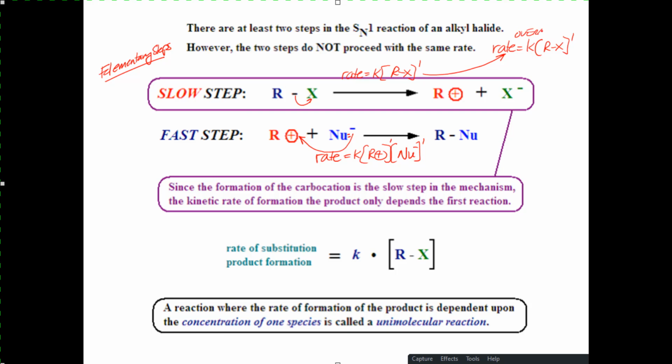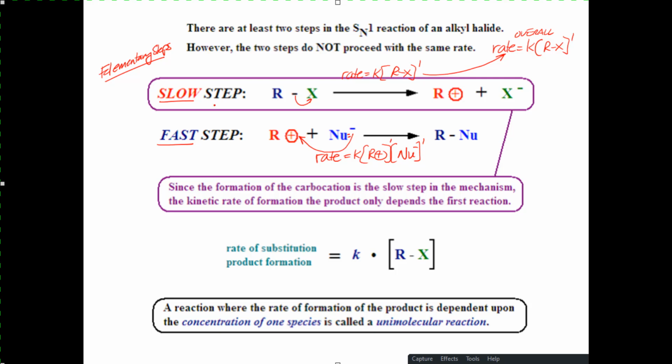So in this case, since the first step has a rate equation only dependent on the alkyl halide and the overall rate of the reaction is only dependent on the alkyl halide, I would conclude that step number 1 is slow and step number 2 is relatively fast.